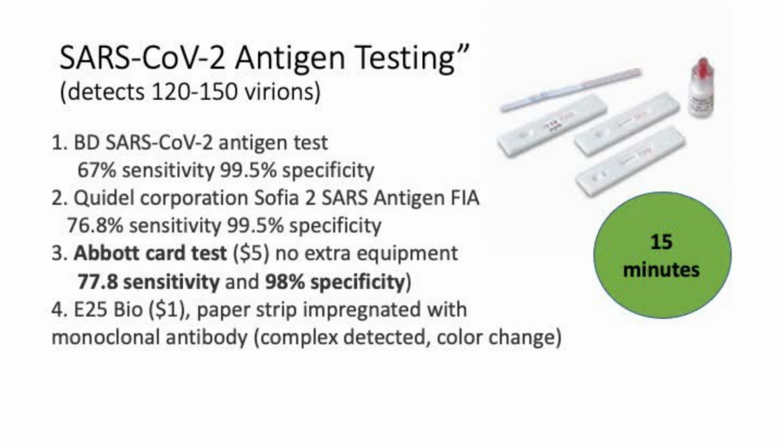These tests detect 120 to 150 viral particles as compared to PCR, which can detect 10 viral particles. However, as described earlier, most infected individuals have millions, even billions of viral particles in their nasal secretions and saliva. The specificity and sensitivity of the antigen tests are slightly lower than PCR.